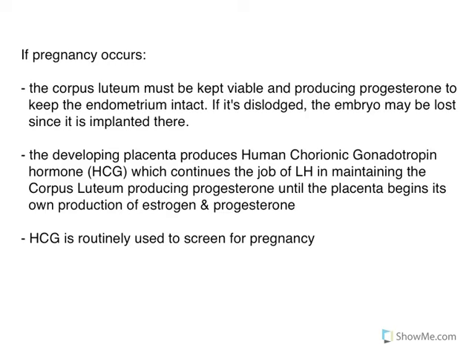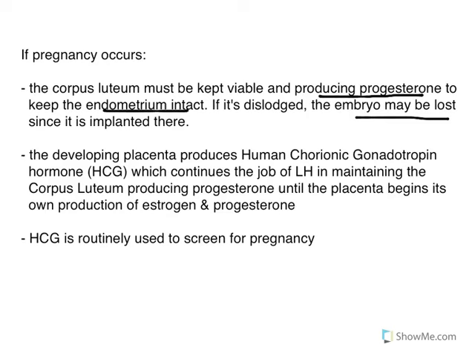If pregnancy occurs, the corpus luteum must be kept viable, producing progesterone, in order to keep the endometrium intact. Because if it's dislodged, the embryo may be lost, since that's where it's implanted.